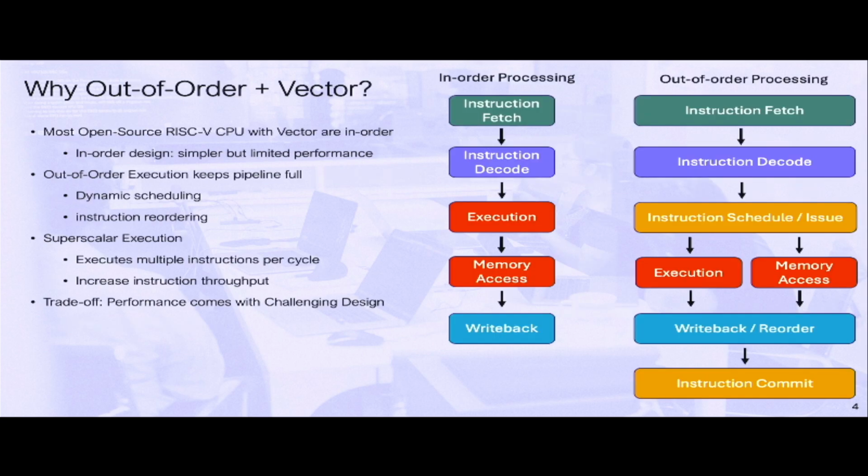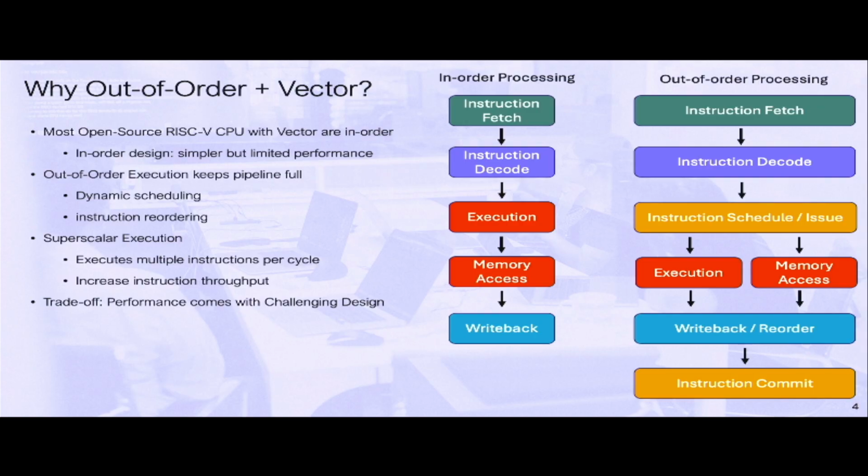Most of the open source RISC-V CPUs that support the vector extension today are in-order cores. These designs are typically simpler and easier to implement, which makes them a natural first step for exploring RVV. However, they also come with important limitations, particularly when you are dealing with complex workloads that have branching logic, memory latency, or variable length operations.